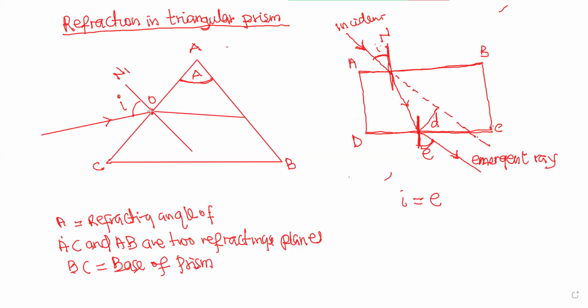Then, when the refracted ray hits the other refracting plane AB, this is a refracted ray. Once it is incident at AB, it means we have to draw another normal. So there is a second normal, which is perpendicular to AB.